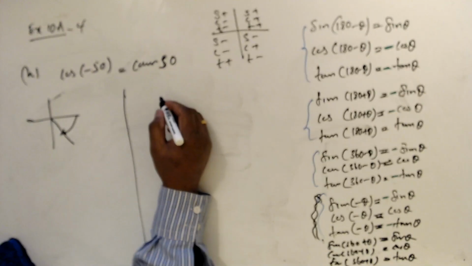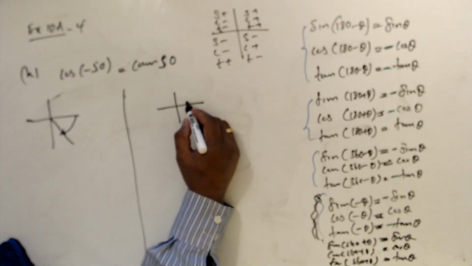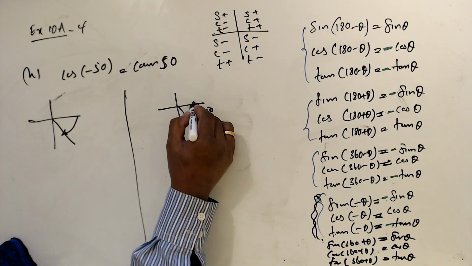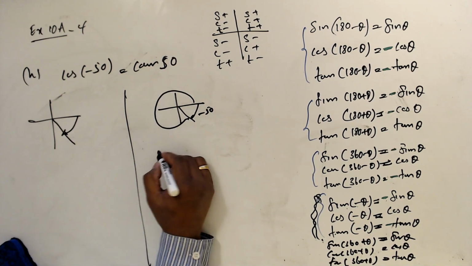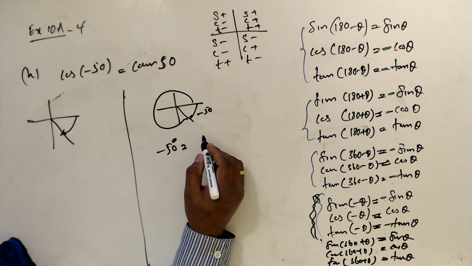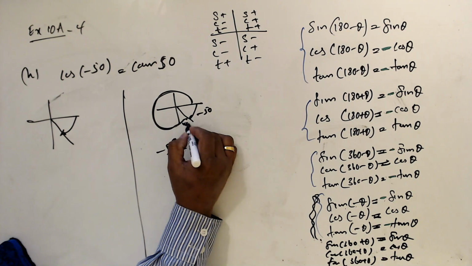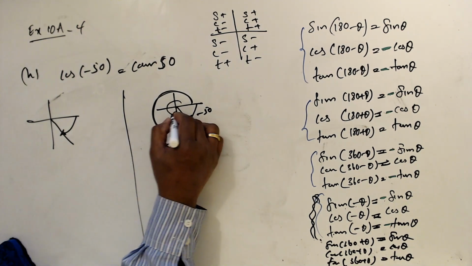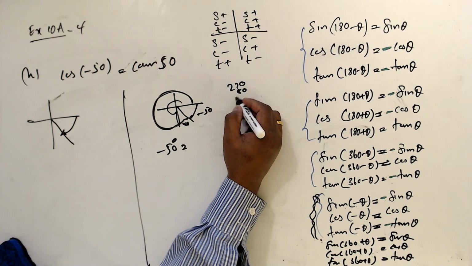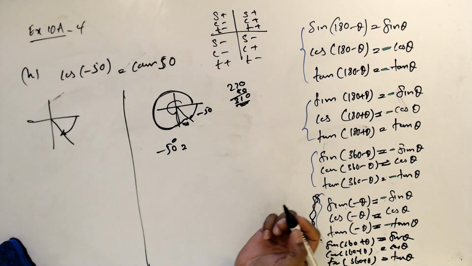Or the lengthy method: you can express this minus 50 positively. Minus 50 means, on the whole circle, if this is 50, this is 40. So up to here is 270, 270 plus 40 is 310.